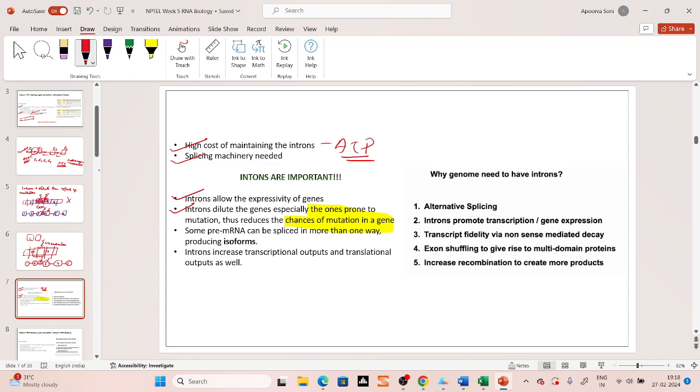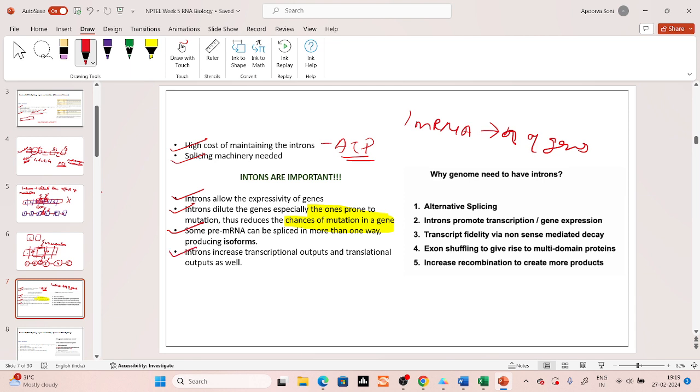So from one mRNA, we can have n number of products. That is also one reason why introns are important. And second, introns increase transcriptional and translational outputs, obviously, because different kinds of proteins can be synthesized. So ultimately it increases the transcriptional as well as translational outputs.